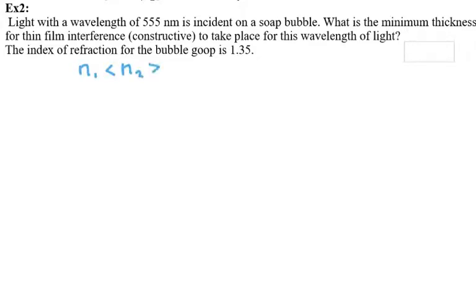In this case, constructive interference is 2 times the thickness of the thin film, equals m plus or minus 1/2, it doesn't matter whether you do plus or minus 1/2. If you choose m to be 0, then you add 1/2. If you choose m to be 1, then you choose negative 1/2. And lambda is the wavelength in that medium.